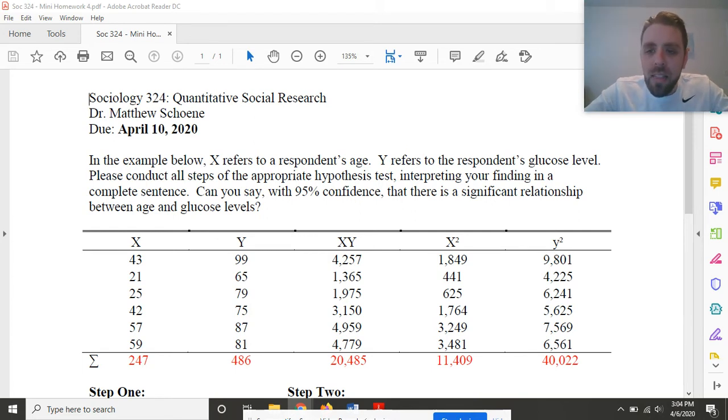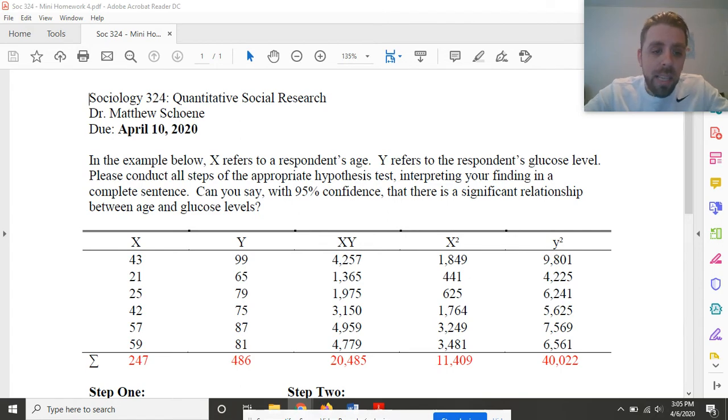Keep in mind that X in a correlation or a regression hypothesis test always refers to the independent variable, the thing that's affecting something else. And Y always refers to the dependent variable, always.